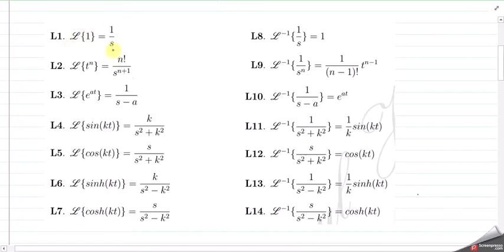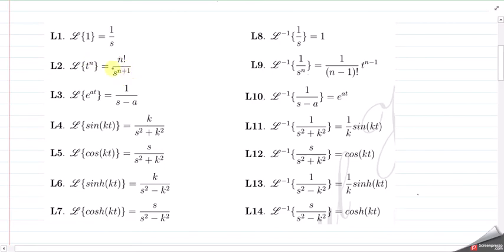Laplace of 1 is 1 over s. Laplace inverse of 1 over s is 1. Laplace of t power n is n factorial over s power n plus 1. Note the difference between this n plus 1 and this n, 1 less, and this is n, 1 less.